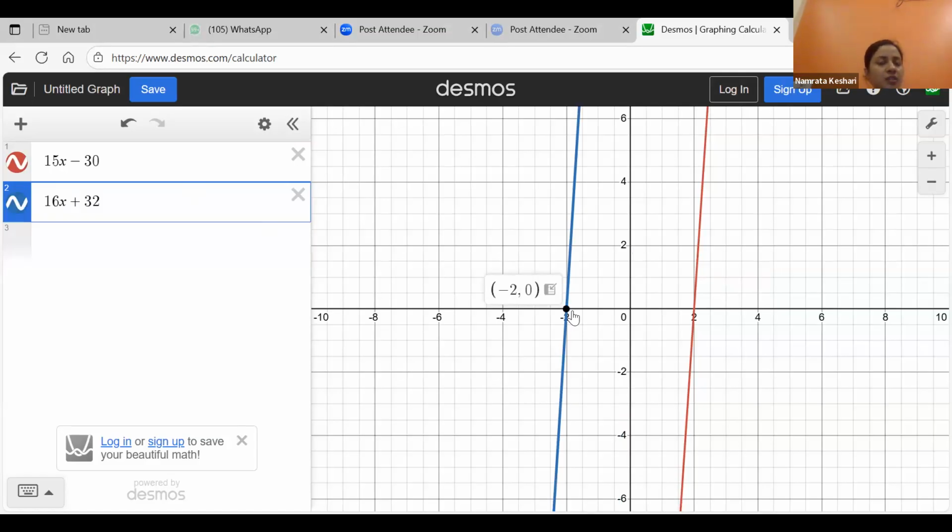Yes. And can you see the line is touching the x-axis at this point only? Yes, ma'am. That's why in the first exercise you must have learned that wherever your graph is touching the x-axis, those are the zeros, right? Yes, ma'am.